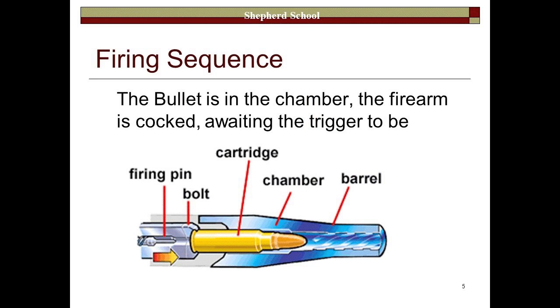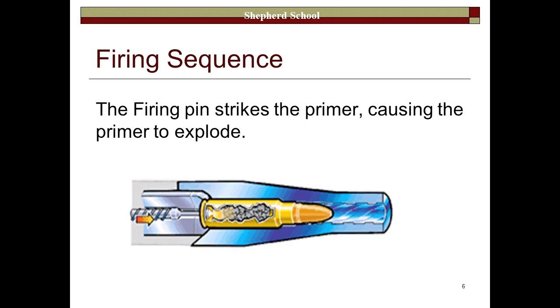In the firing sequence, you put the bullet in the chamber of the gun, the firearm is cocked or made ready to shoot, and is awaiting the trigger to be pulled. When the trigger is activated, the firing pin strikes the primer.